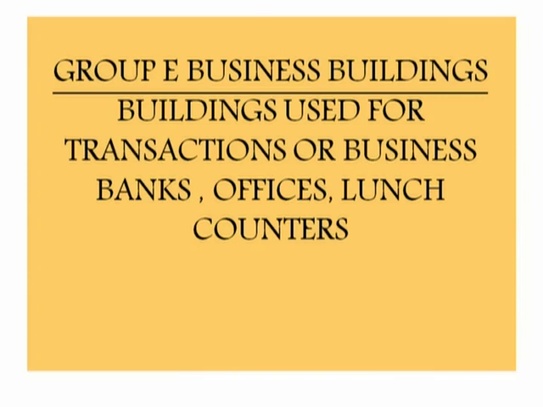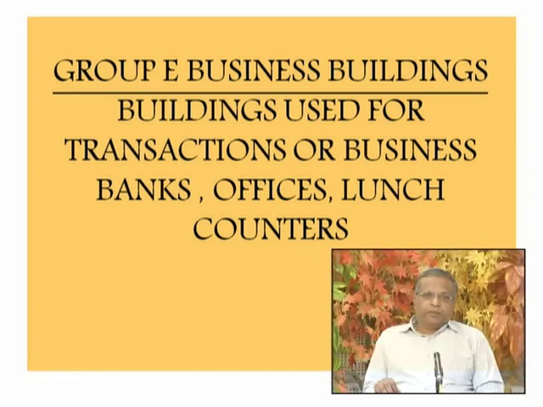Now, after discussing the assembly building, we will discuss Group E, that is the business buildings. Business buildings means these are the buildings used for transactions or business, like the banks and different offices where some office work is carried out by the different officers.